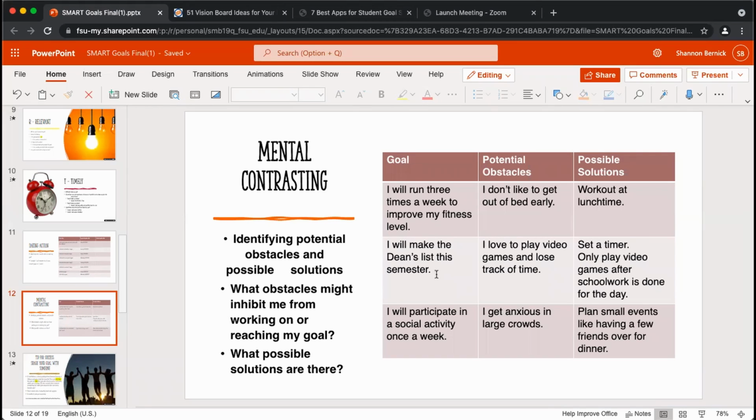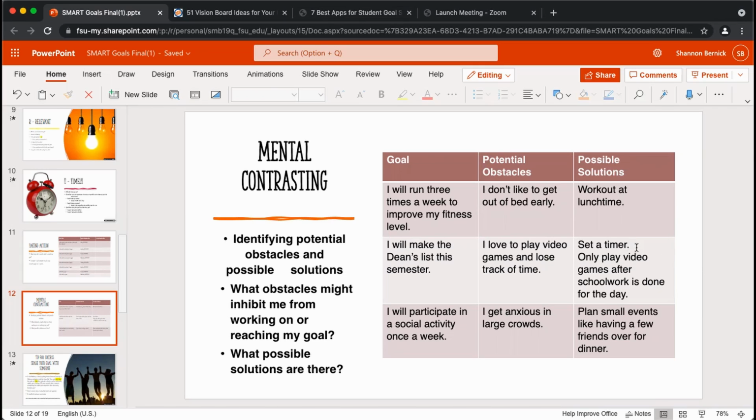Another example of a goal is that I will make the Dean's List this semester by earning a 3.5 GPA. And the potential obstacle is that I really love to play video games. And when I play them, I lose track of time, which means that I end up not getting my work done.